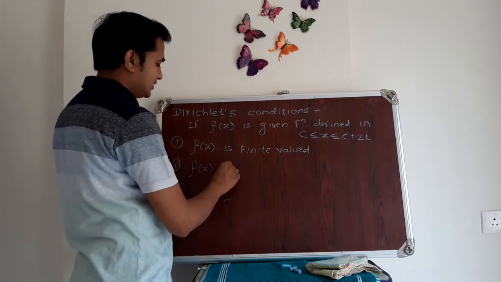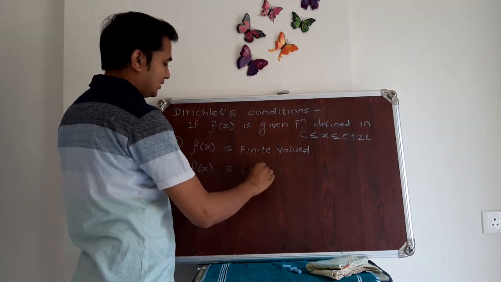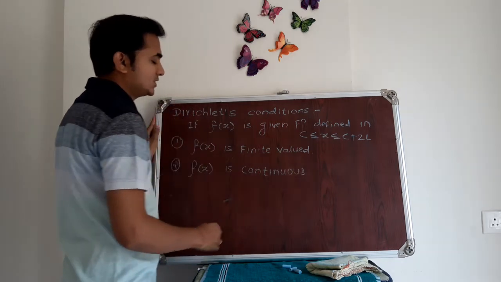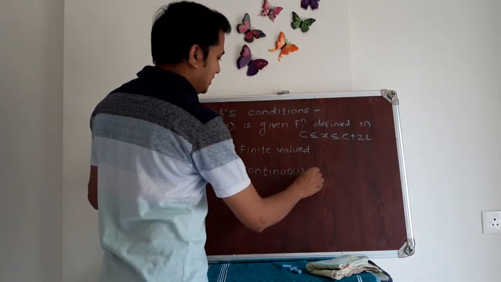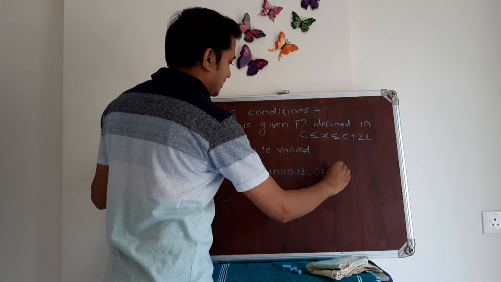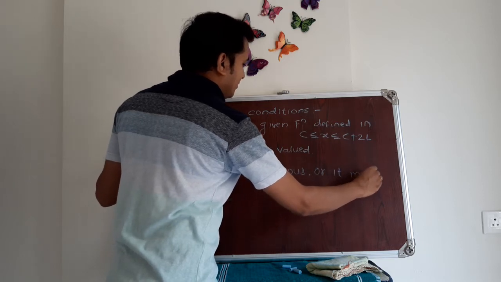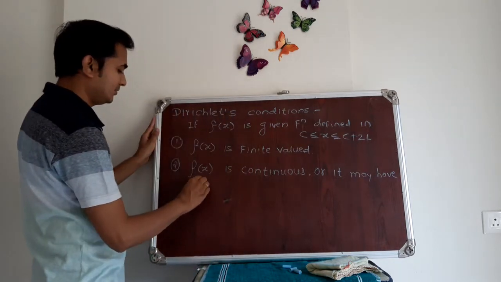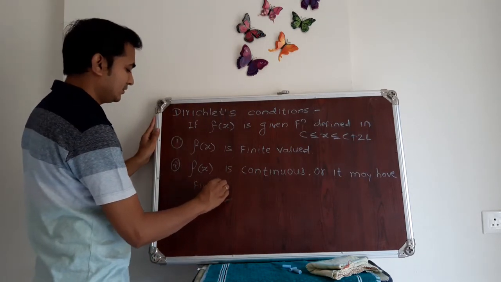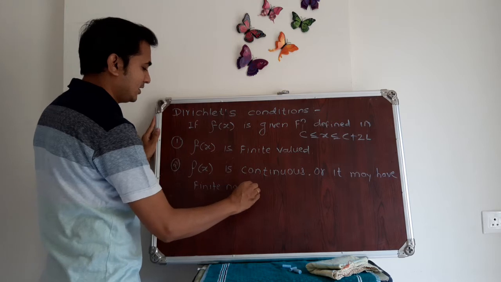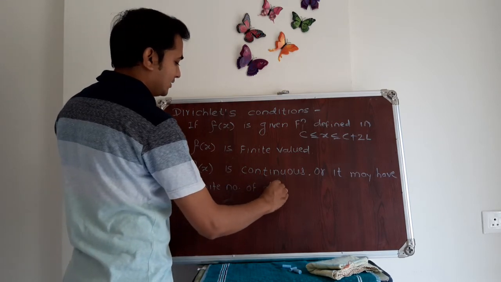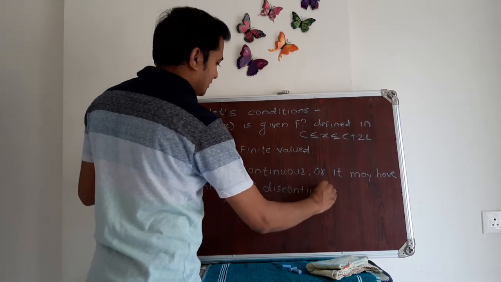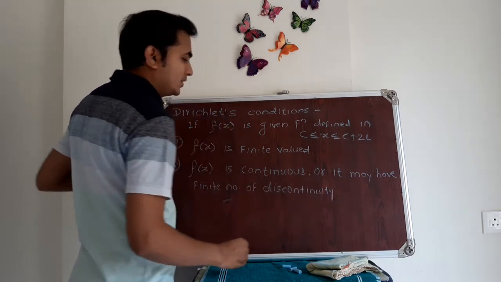Then second, f of x is continuous, or it may have a finite number of discontinuities.